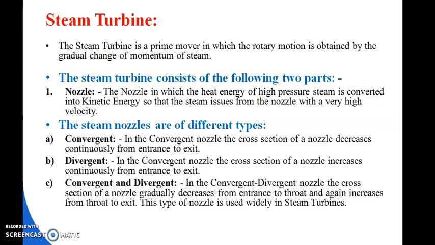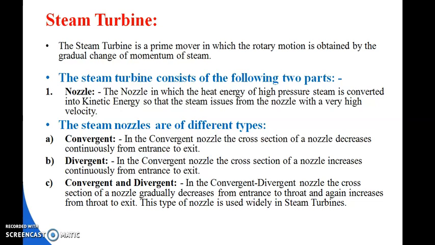If we look at the construction pattern of a nozzle, it is mainly of three types: one is the convergent type of nozzle, the second is the divergent type of nozzle, and the third is the convergent and divergent type of nozzle. Mainly we use the convergent and divergent type of nozzle for the thermal power plant.